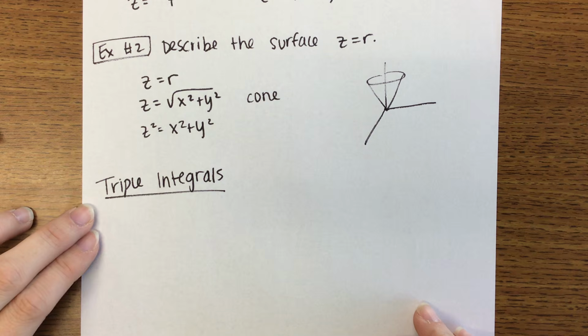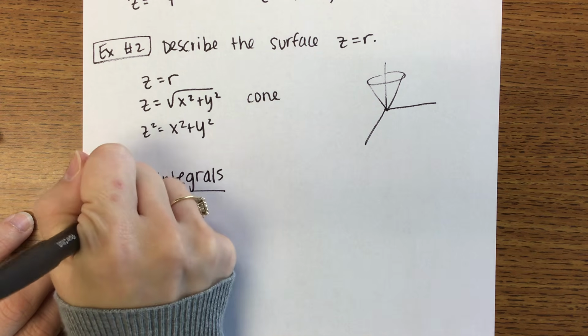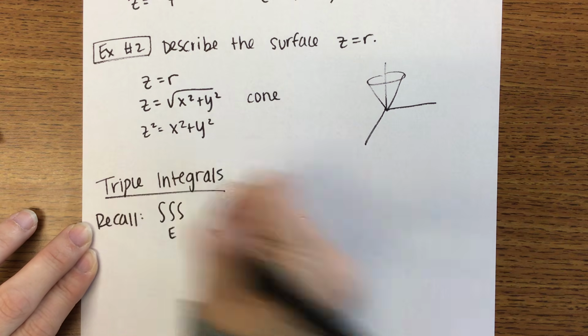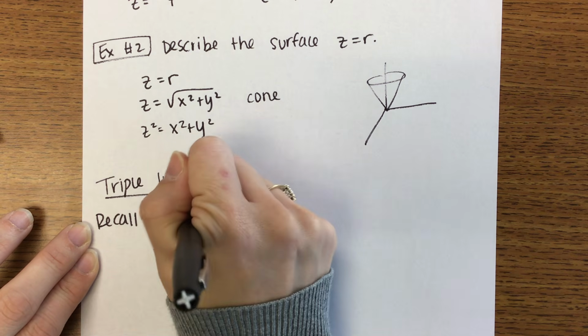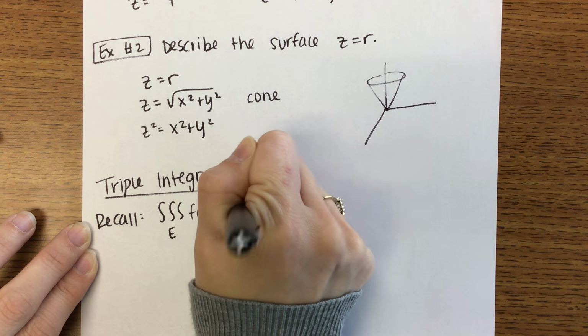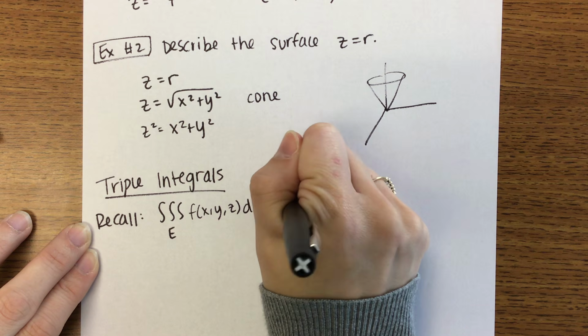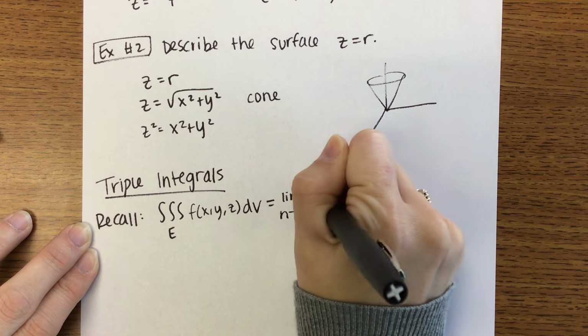Okay, so one thing that I want us to recall is that we were looking at the triple integral over some solid E, and we were integrating a function. And we talked about looking at this like it's a Riemann sum.